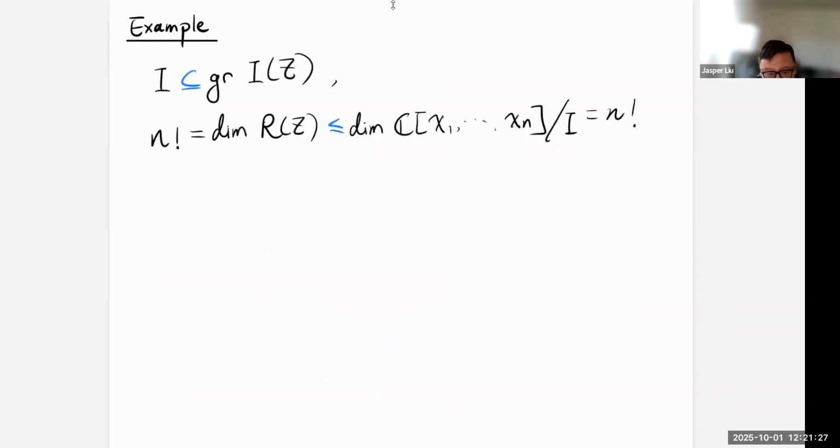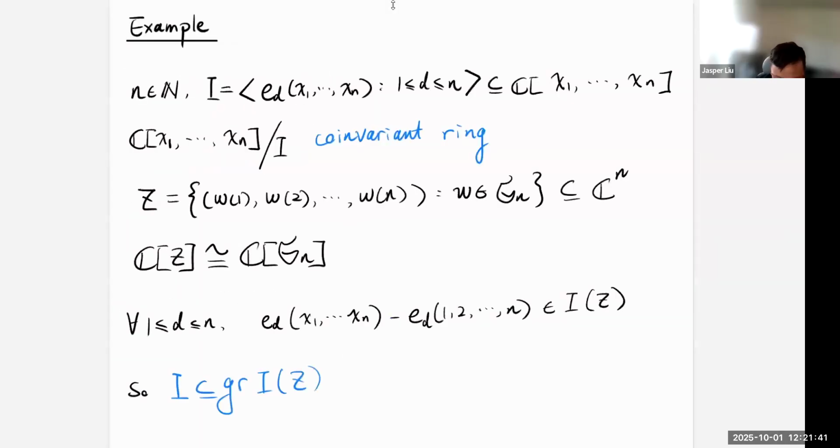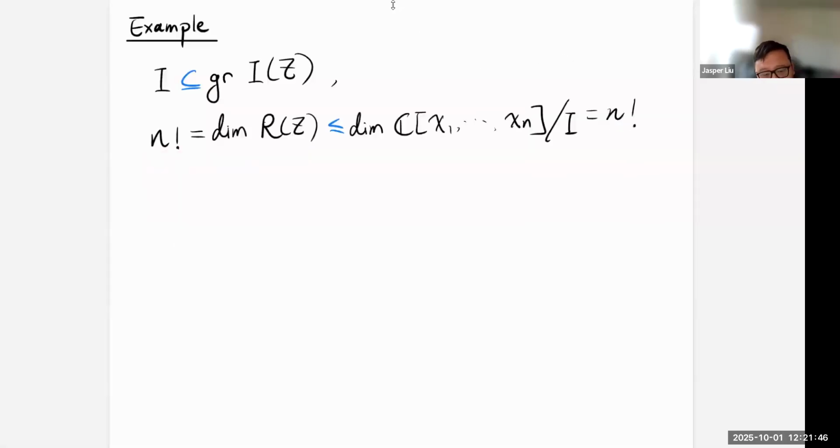So with this, we can do an argument on dimension. Since I is contained in the associated graded ideal, n factorial is equal to the dimension of the orbit harmonics quotient because we have this isomorphism. And it should be less than or equal to the dimension of the classical coinvariant ring because of this containment, right?